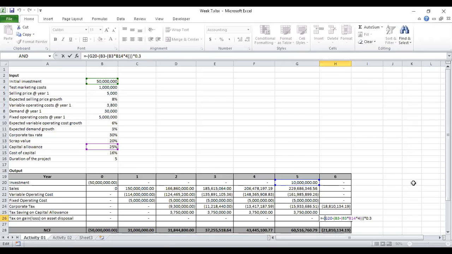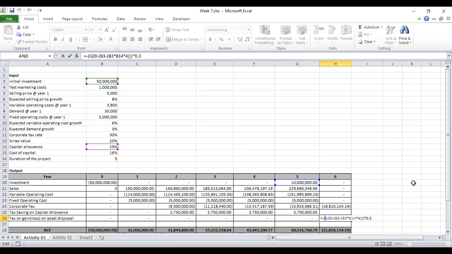Then at the point of disposal, you have to consider whether there is a taxable benefit or a tax saving available. Having considered the sales proceeds, you have to compare that with the carrying amount of the asset. What must be the carrying amount of this asset as per the tax depreciation, or as per the tax regulations?